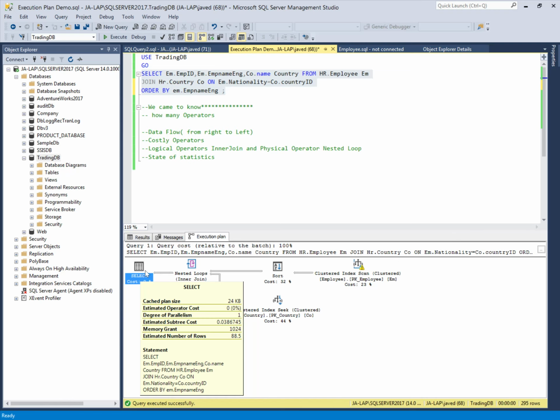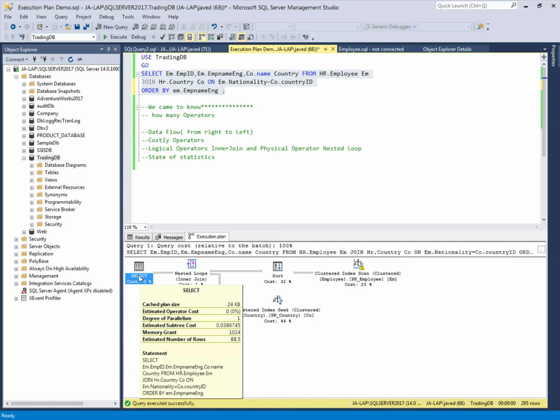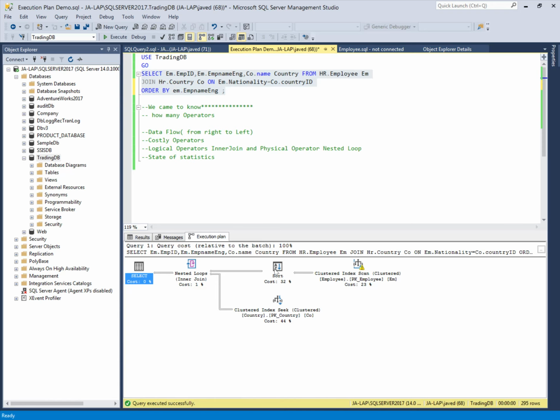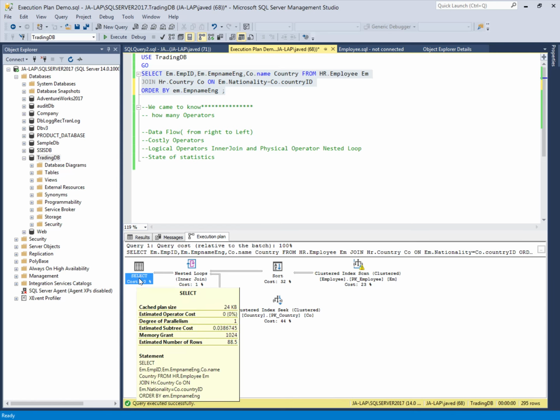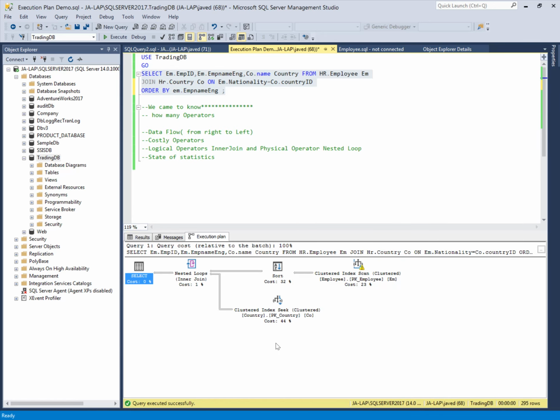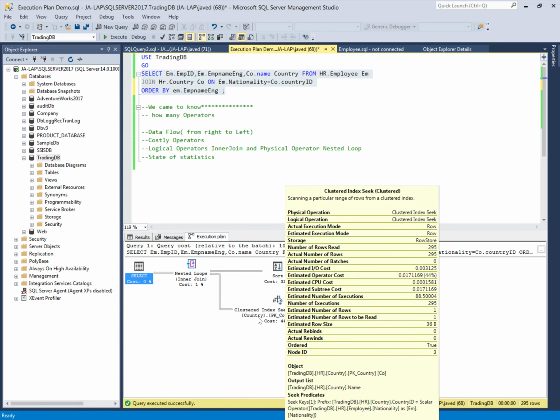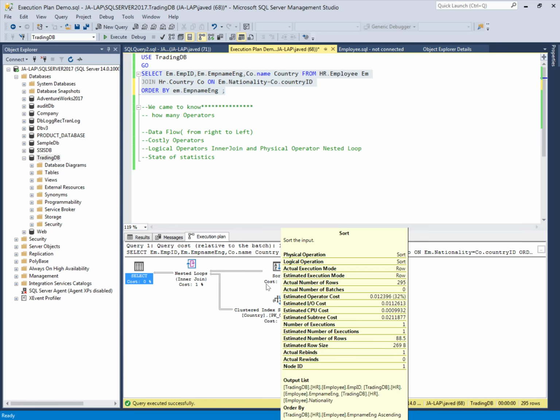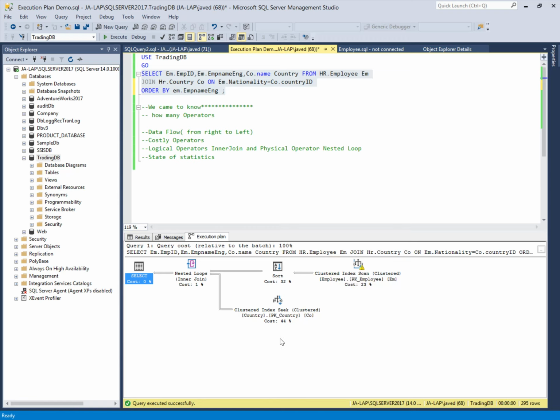Normally in the execution plan the last operator is the select operator, and its cost is 0. So the most costly operator here is this clustered index scan used by the country table. If we want to reduce cost by examining the query, we have to consider this operator and the sort operator to minimize the cost.